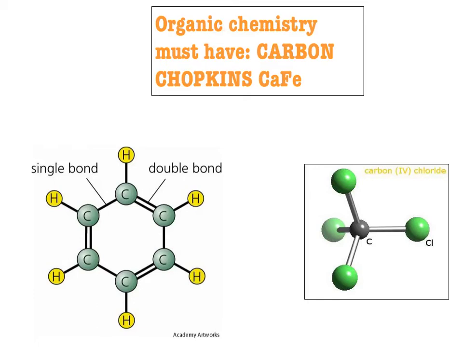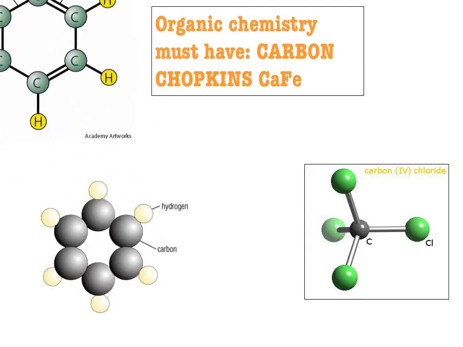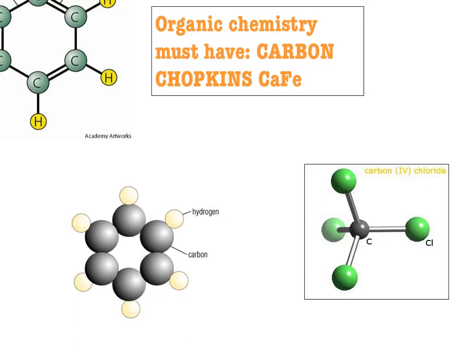Okay, so let's sort out some of these examples and decide, is it organic or not. In this example, we see many carbons along the chain here. So this would be organic. This example also has carbon.